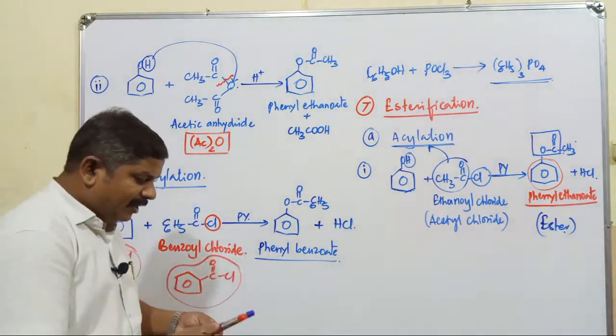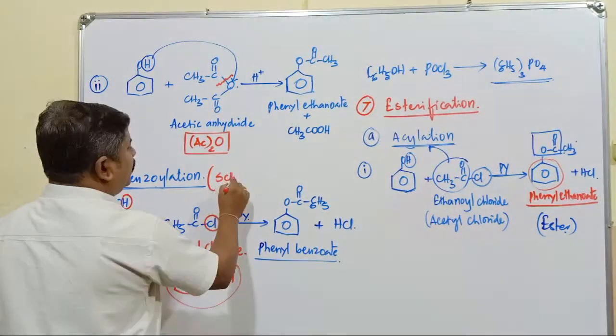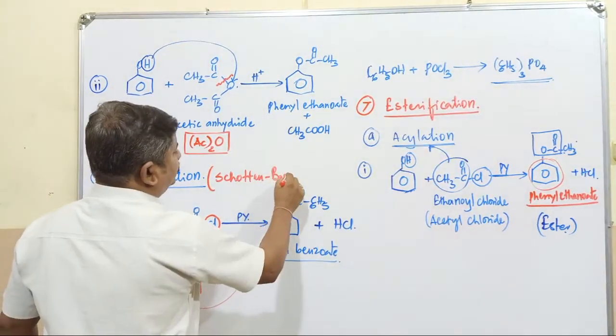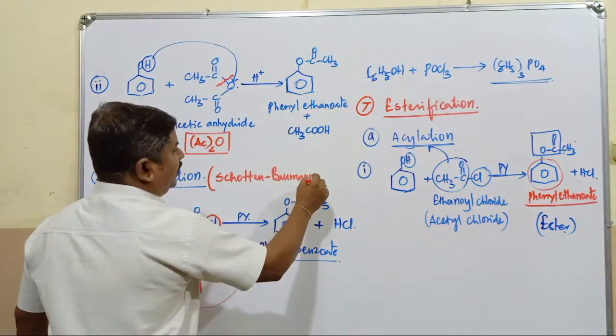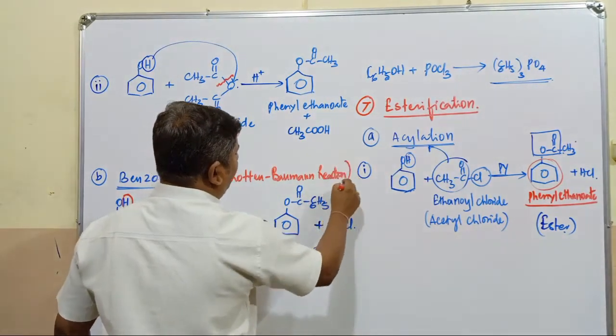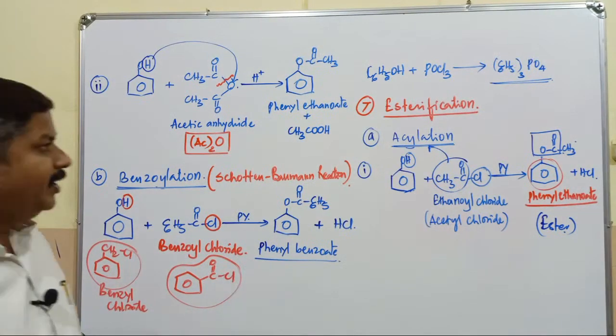It forms phenyl benzoate. And this reaction is commonly known as the Schotten-Baumann reaction. That is the conversion of phenol into phenyl benzoate. What's the name of this reaction? Schotten-Baumann reaction. Right?